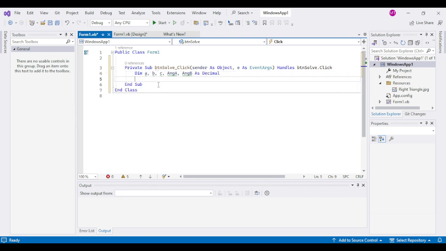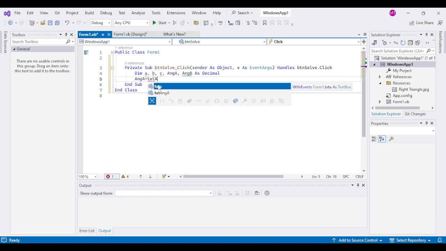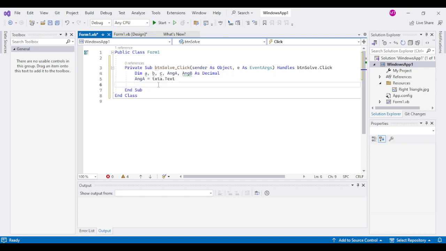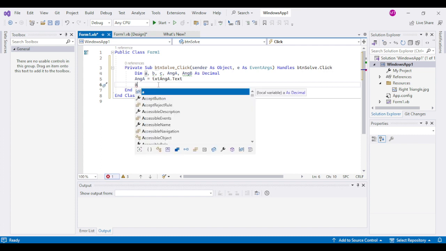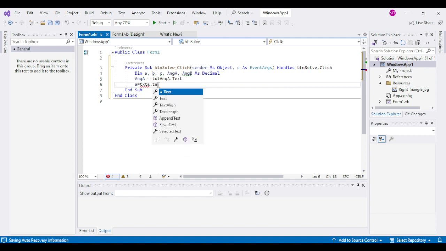Then let's start with ang A. Ang A is equal to txt ang A dot text. Then A is txt a dot text.